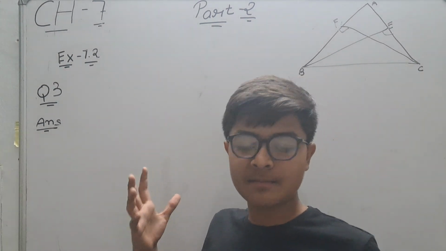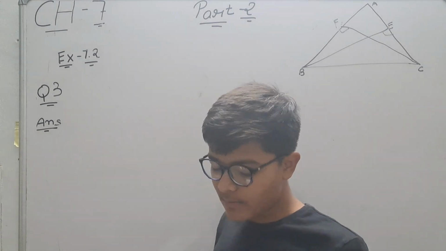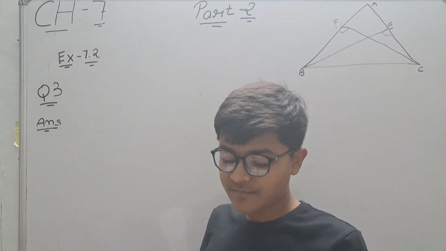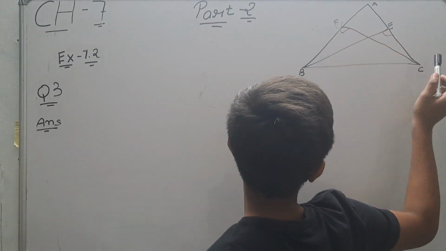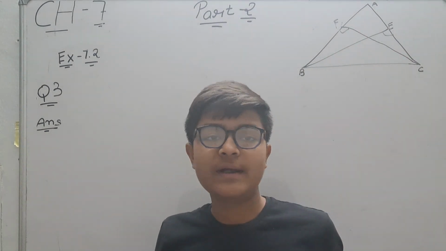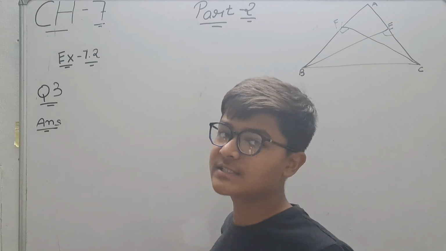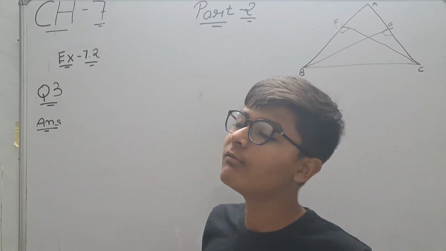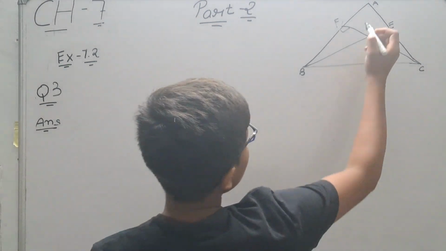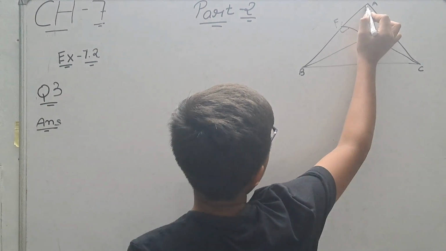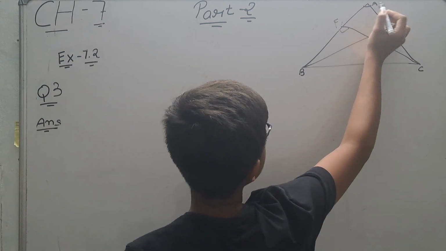Students, we have question number 3 of exercise 7.2. Now let's see. They have said we have to prove BE is equal to CF. We have to prove that these altitudes of the triangle are equal. So how will we prove it? First of all, you can see that this angle A is common.